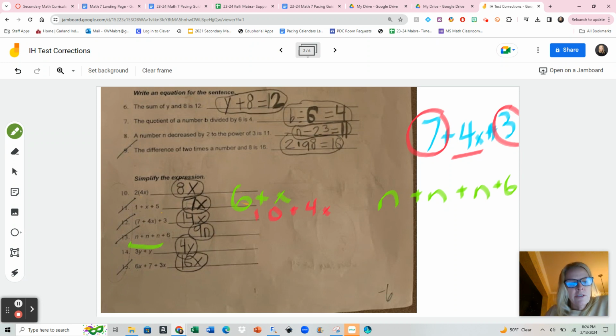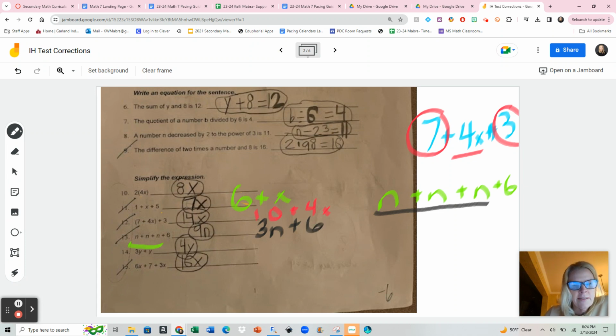But they're all positives, so that's good. What we're going to do is just add those together. How many n's do I have? I have 3 n's, so that now becomes 3n. And there's nothing to combine my whole number with, so it's going to say a 6.